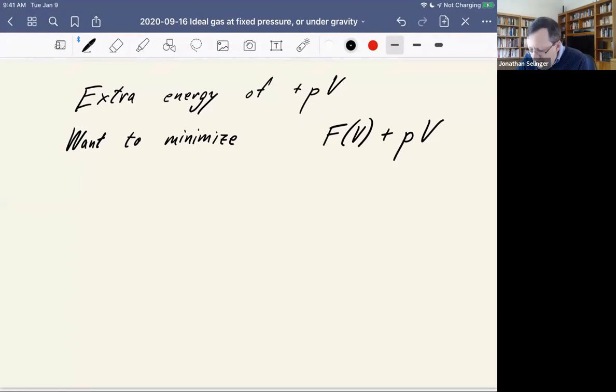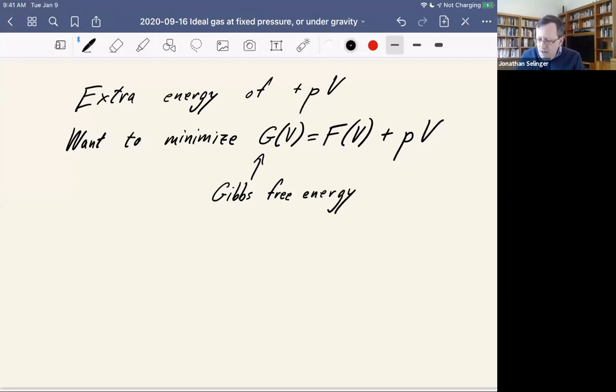This combination gets a special name in thermodynamics. This is called the Gibbs free energy and is written with a capital G. This is something that some of you might have seen in classes, perhaps in chemistry classes before.